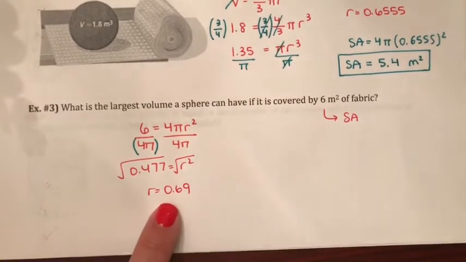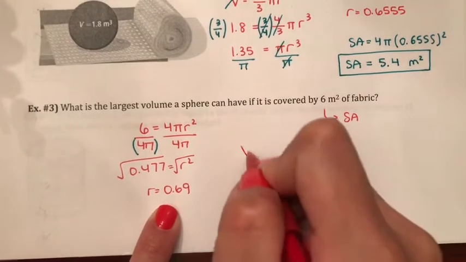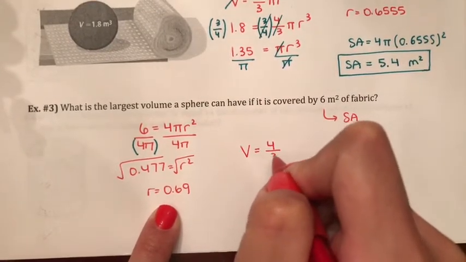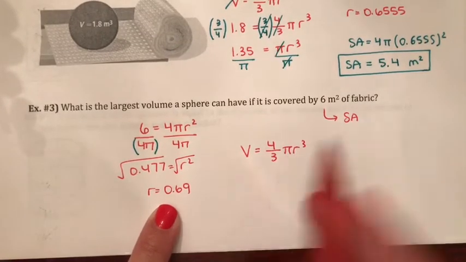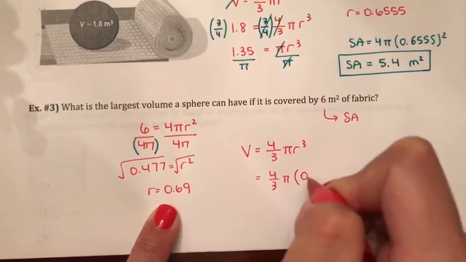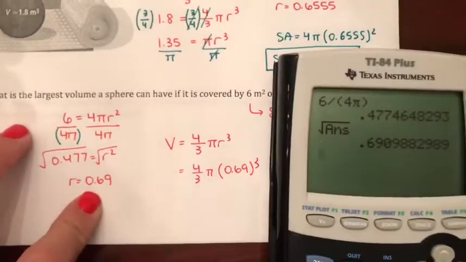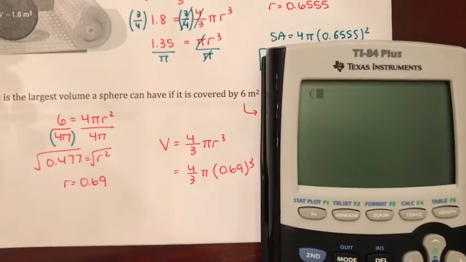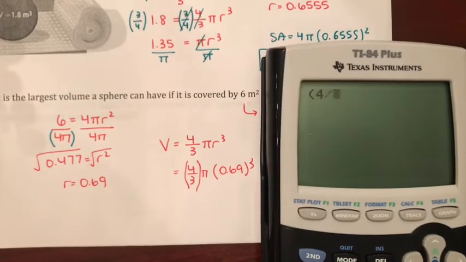Now, if the radius of the sphere is 0.69, now we can jump to our volume formula, which I'll just rewrite over here. So I know the radius, I just need to plug that in. And now we can type it into our calculator. So in parentheses, always put this 4/3 in parentheses.